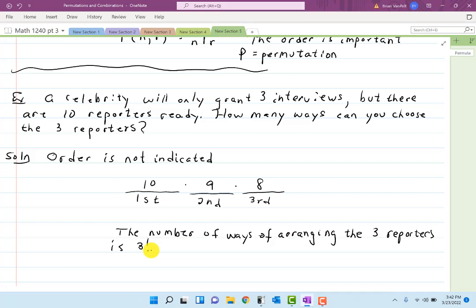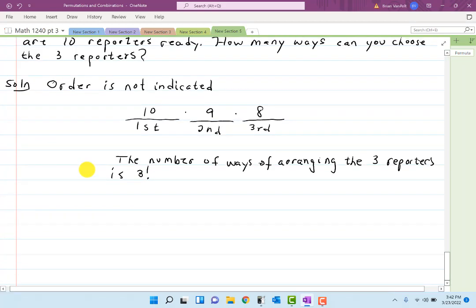So 3 factorial lists the number of ways to arrange them. So if I want to unarrange or ignore the order, to ignore order, divide by 3 factorial. So I'm going to get all that, but it's going to be divided by 3 factorial.